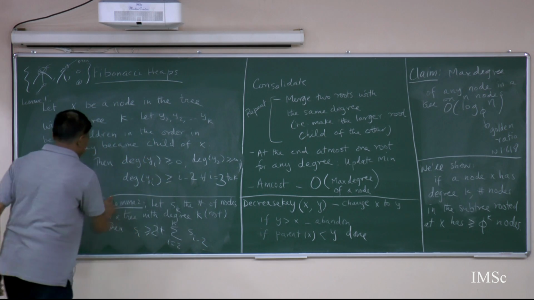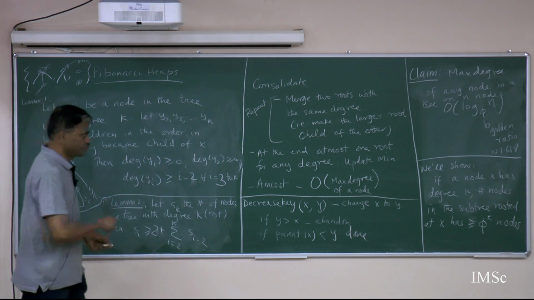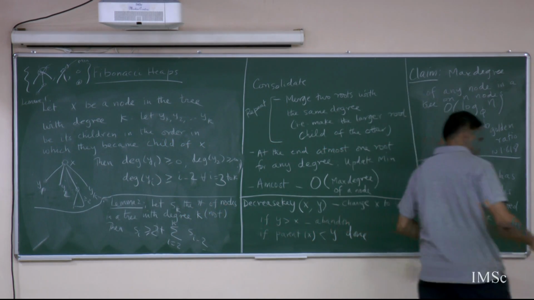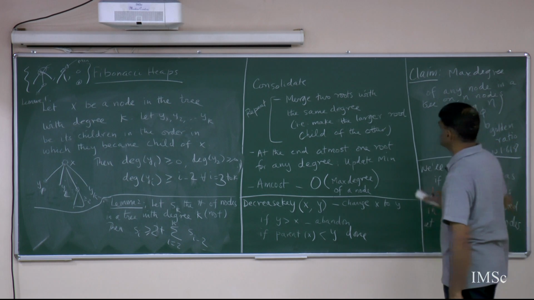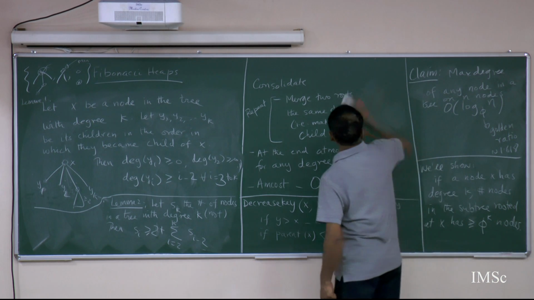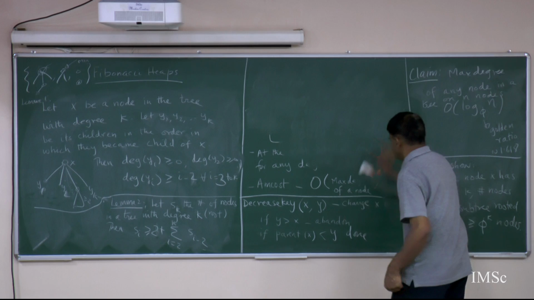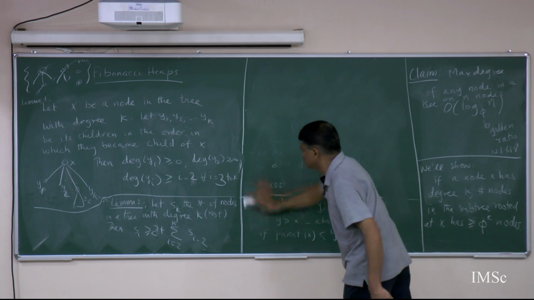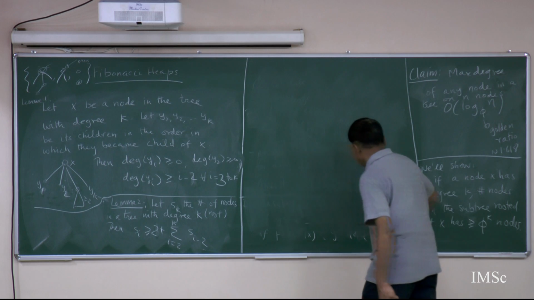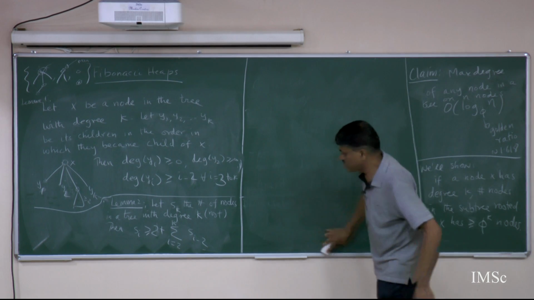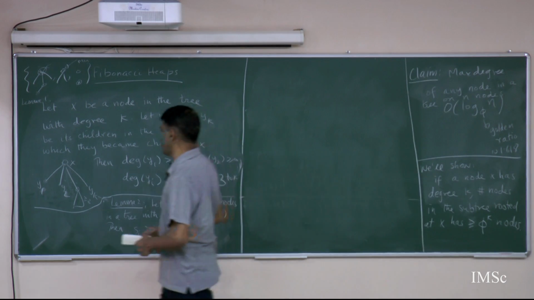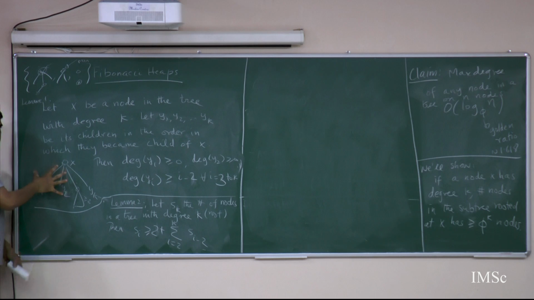Okay, this follows from the earlier lemma. All I'm saying is I have a node with degree k, and I want to count the minimum number of nodes in this entire subtree.